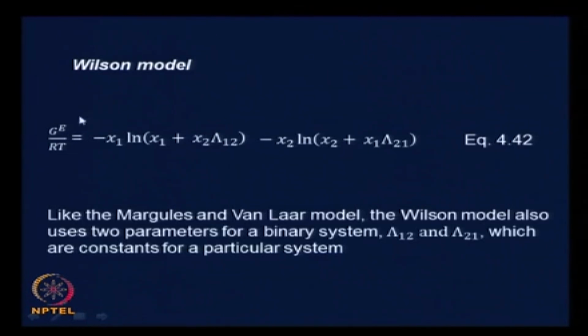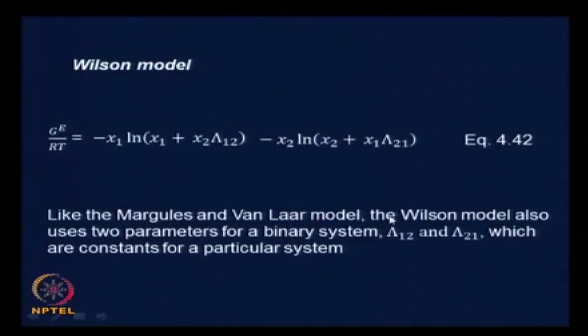This is the model. Gamma 12 and gamma 21 are the Wilson constants for a particular system, and you could do the same things that we did with the other models, the Margules, Redlich-Kister, Van Laar and so on, to get at expressions for gamma 1 and gamma 2.